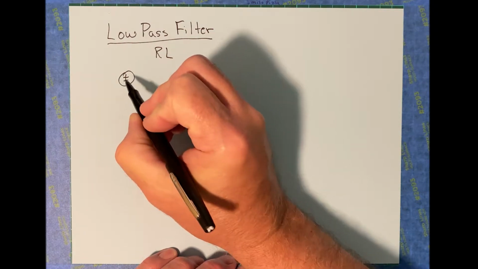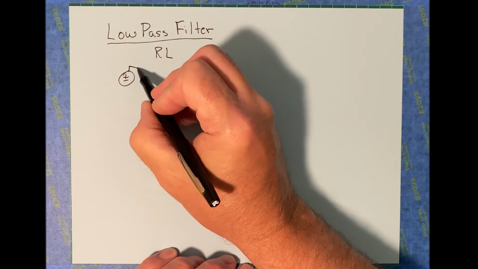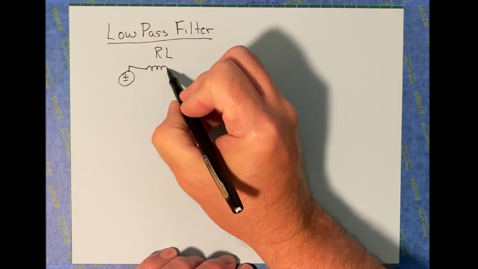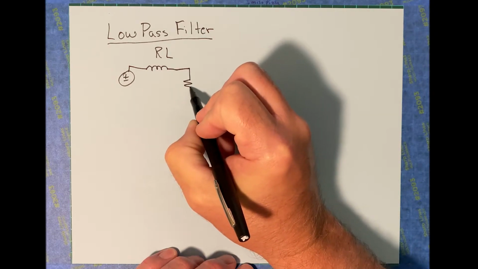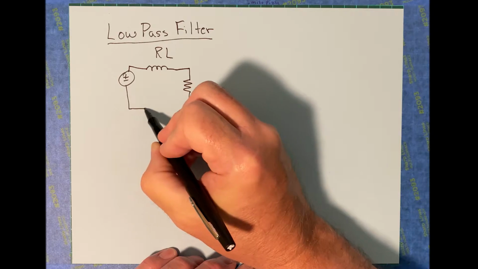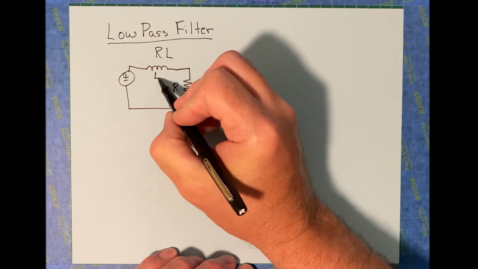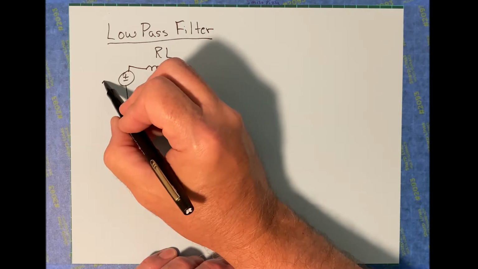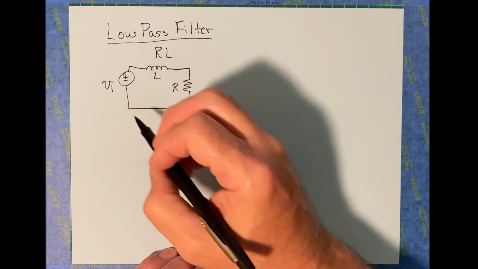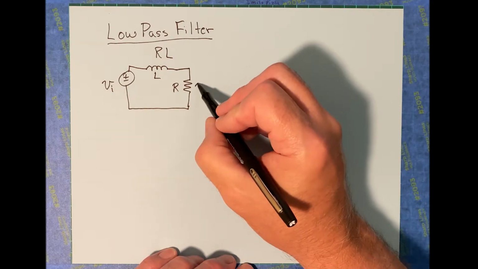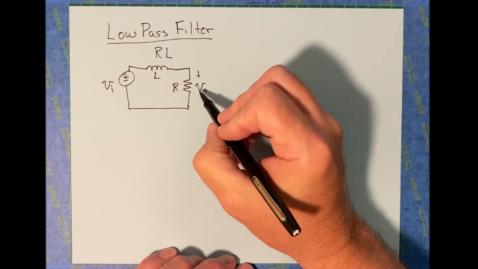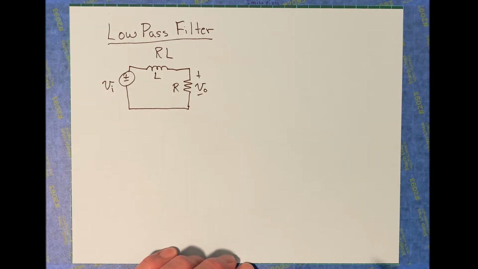So we've got some sort of sinusoidal source there, an inductor, and a resistor. So this is our R value, this is our L value, and this is our V sub I, that's the input. And what we're going to be interested in is the output across that resistor, the voltage output across the resistor.